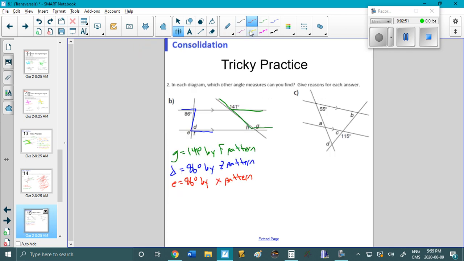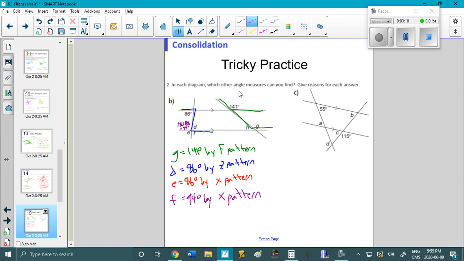Okay, and then we can find this angle here is going to be 180 minus 86 equals 94 degrees. That's by C pattern. So that means that F equals 94 degrees by X pattern. The only one that's left is H here.